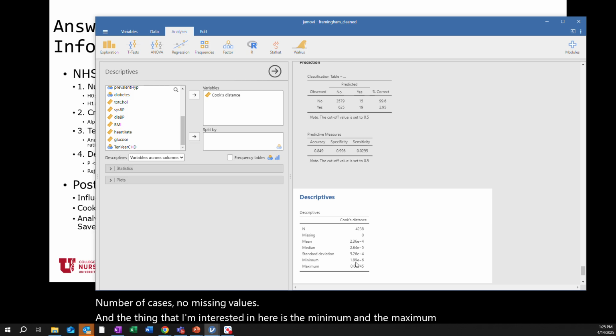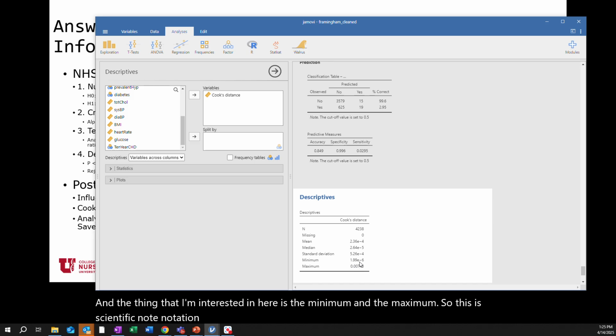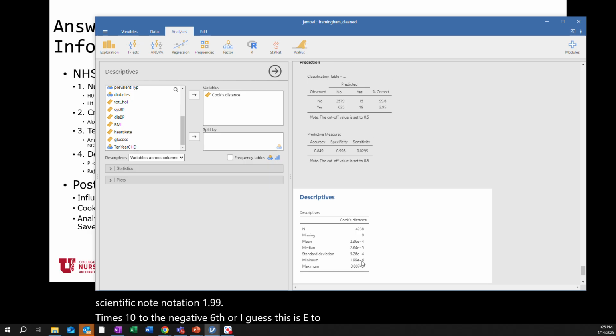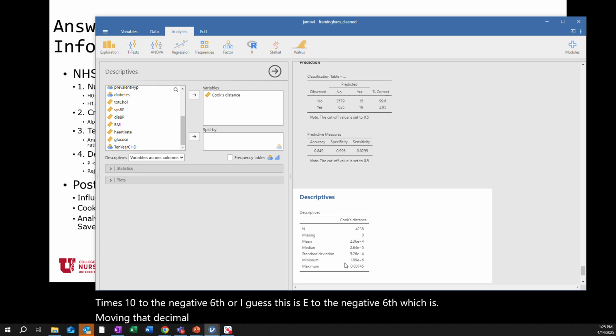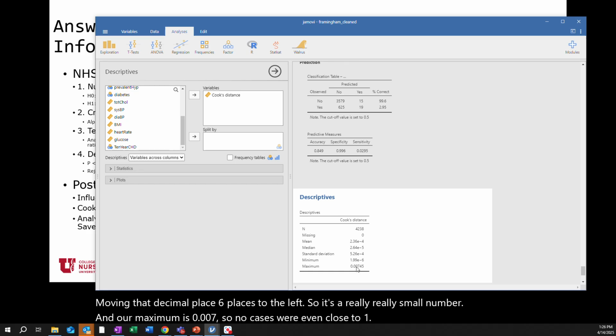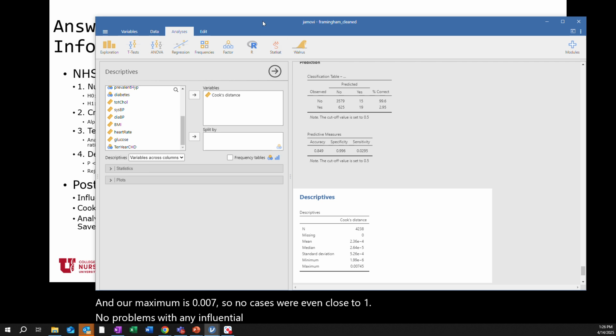So this is scientific notation, 1.99 times 10 to the negative 6th, which is moving that decimal place 6 places to the left. So it's a really, really small number. And our maximum is 0.007. So no cases were even close to 1. No problems with any influential cases.